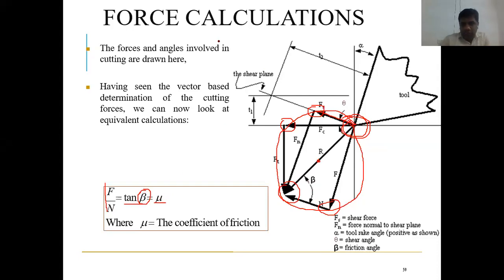I hope everybody knows this. So beta is the friction angle. F and N are perpendicular, and the angle between the normal reaction and the resultant is called the friction angle.